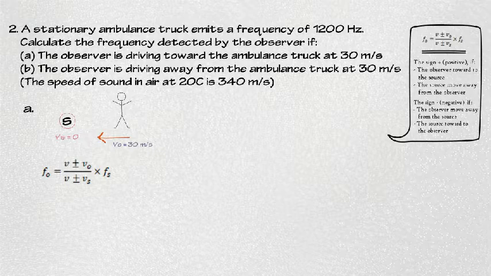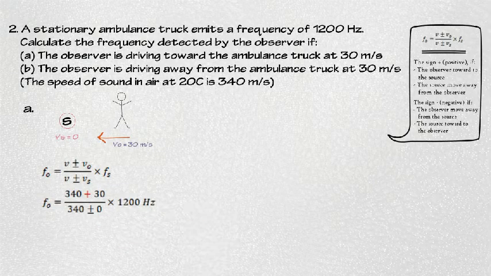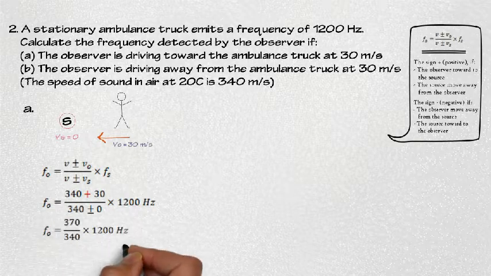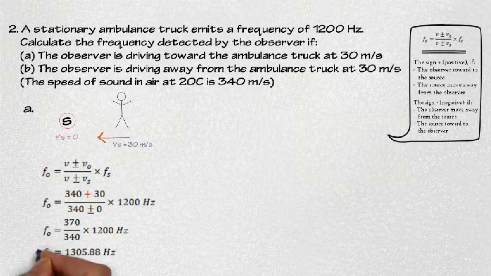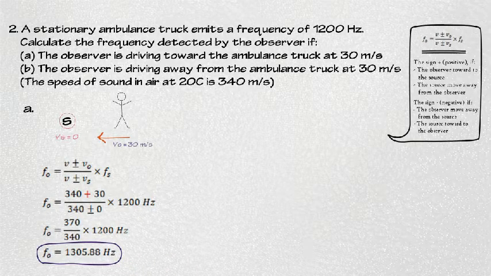We use the same formula to calculate the frequency of the observer. We input the value of the velocity of sound in air. Why does the velocity of the observer have a positive value? Because the observer moves toward the source. So the frequency of the observer is 1305.88 Hz.